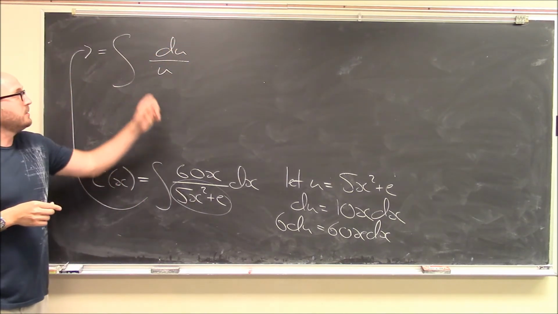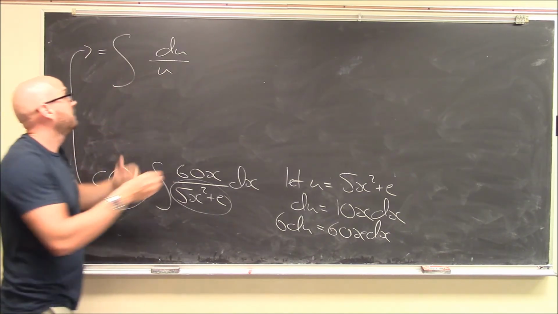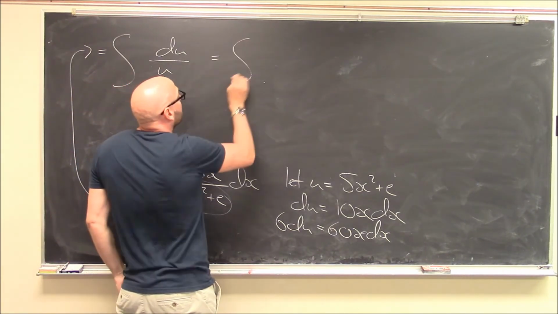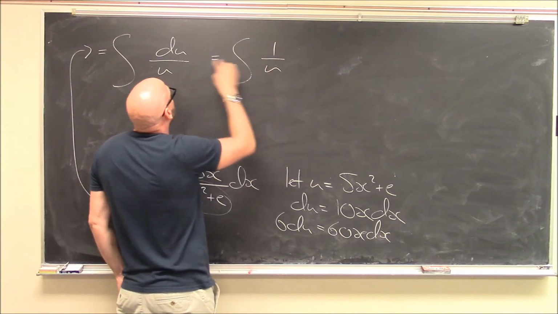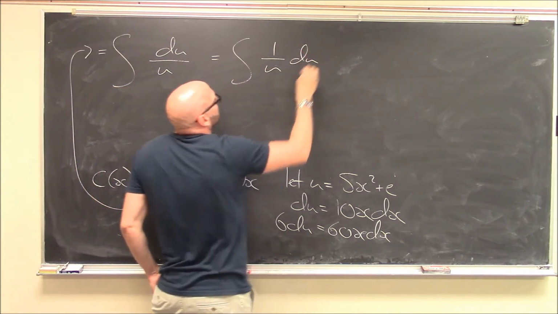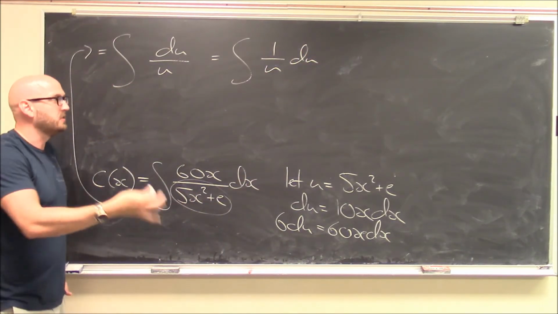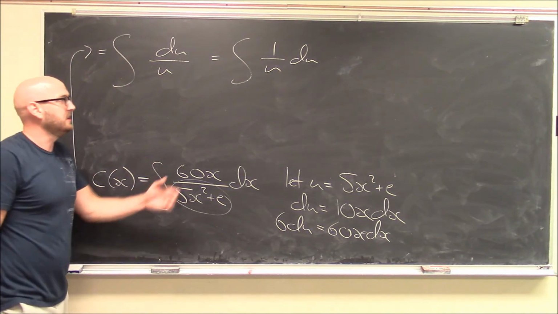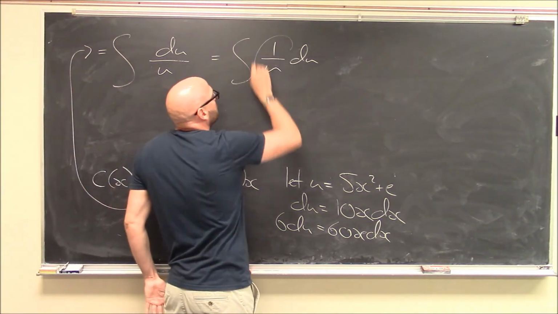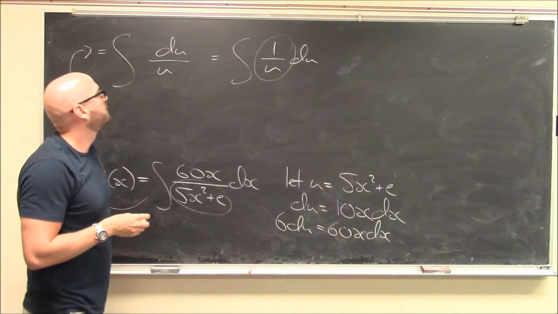You'll see this written like this sometimes. This is shorthand notation though for something that might feel a little bit more comfortable, which means just 1 over u times du. And the differential at the end, du, tells me I'm integrating with respect to u. So it's more clear to see the function we're integrating is 1 over u.